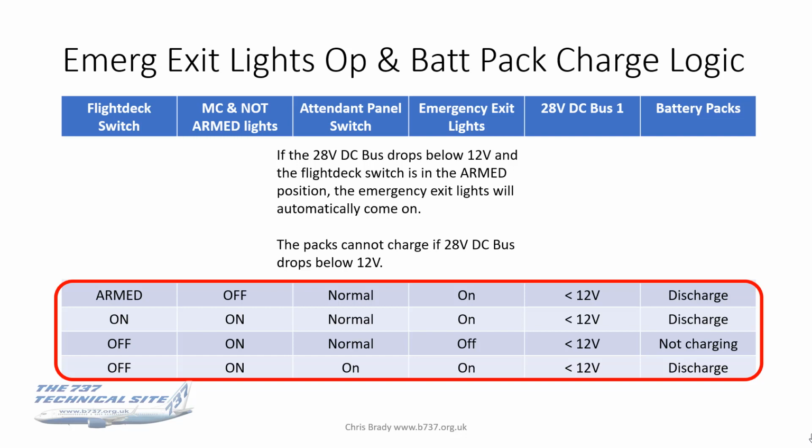Now, if the flight deck switch is in the armed position, the emergency exit lights will automatically come on with that loss of power, which again might be something that we, as pilots, have forgotten, but it's there in the FCOMs. It will come on. The packs cannot charge if the 28 volt DC bus drops below 12 volts, which is the logic there, and obviously they will be discharging whenever the lights are on.